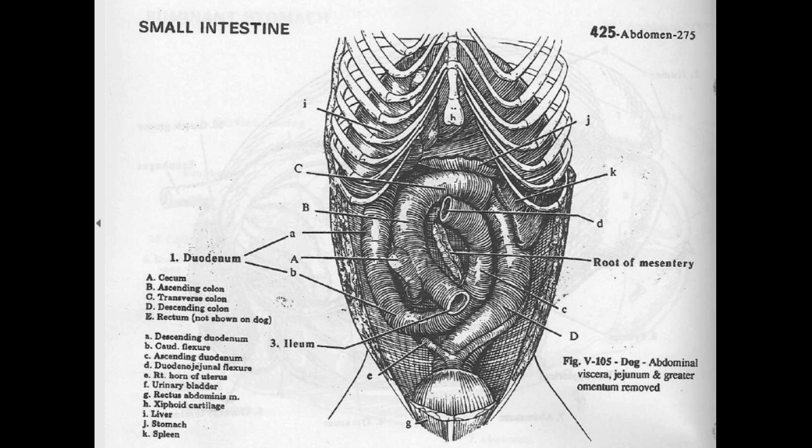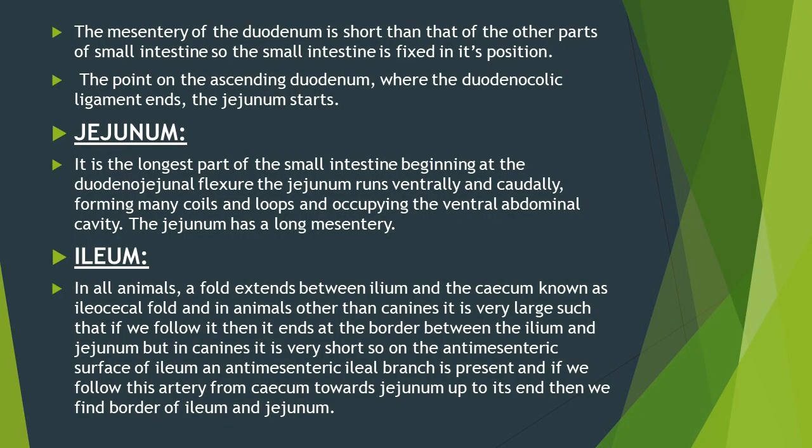The mesentery of the duodenum is shorter than other parts of the small intestine, and therefore the duodenum is fixed in its position. The point at which the duodenocolic ligament ends at the ascending duodenum is the starting point of the jejunum.